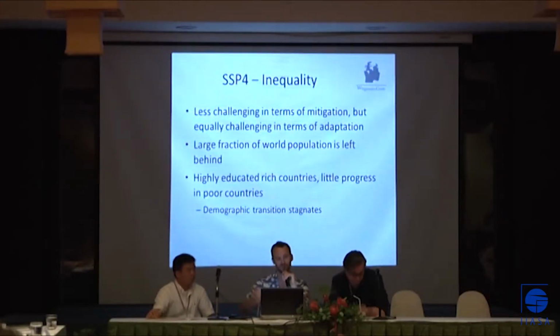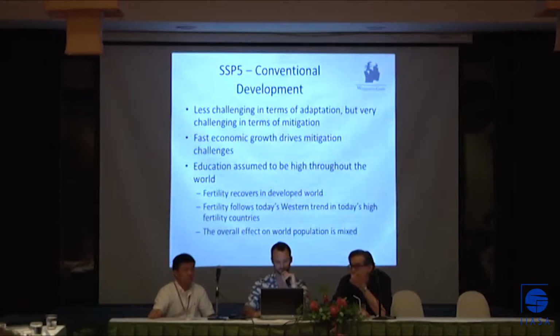But since these people are so poor in this scenario and less educated and have a smaller ability to cope, the adaptation challenges are still very high in this scenario. And then finally, we have SSP5 in the upper left corner, which corresponds to conventional development.